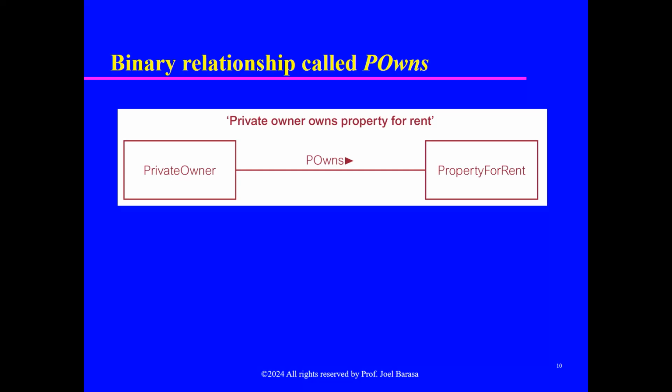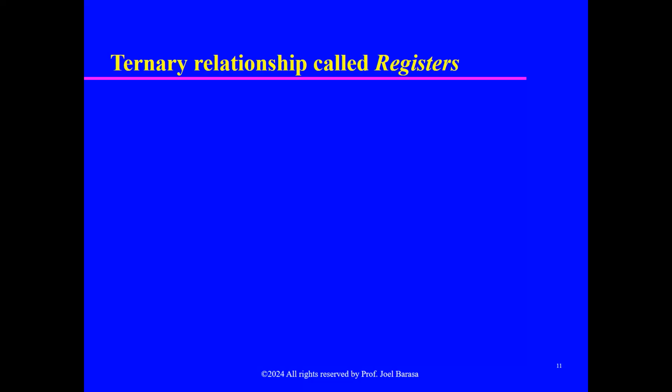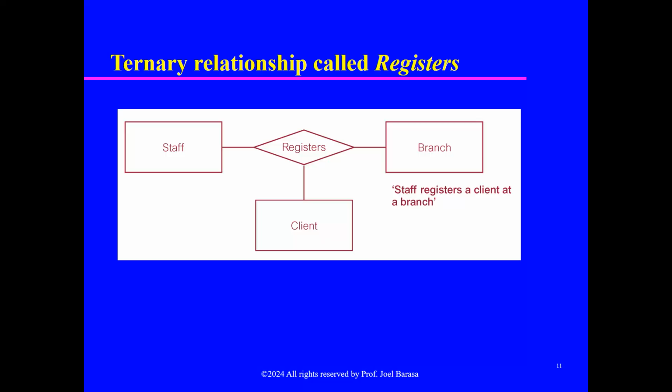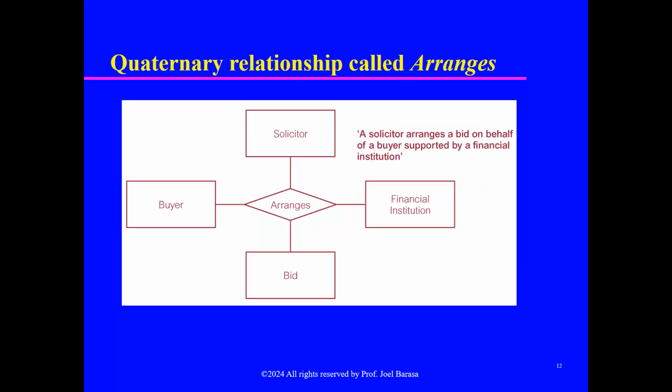So you're dealing with what is called a binary relationship. Then we have register. A register can be a ternary relationship between a staff and a branch. So what does it mean? A staff can register a client at any branch or every branch. So that is ternary. Then we have quaternary, which is the next arrangement.